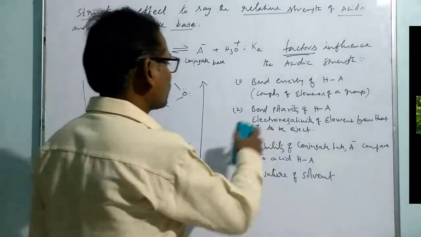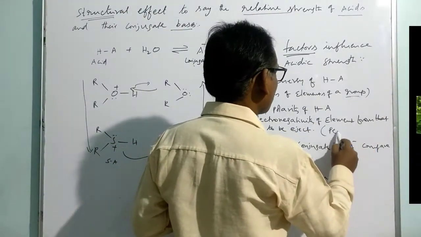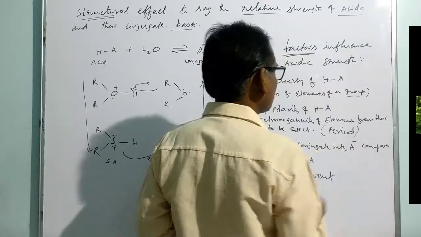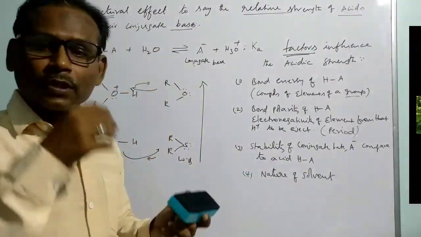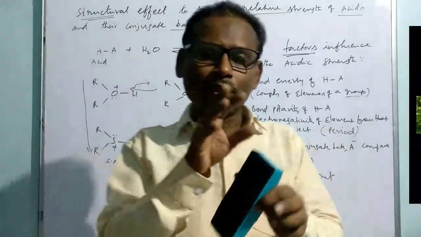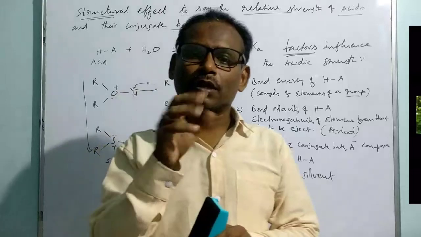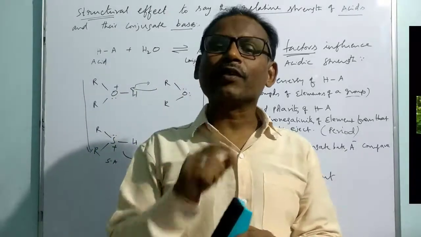So that factor is normally considered for the compounds of a period, the compounds which result from the elements of a particular period, where the sizes of the elements do not differ that much. Then the electronegativity is helpful to consider the polarity of the bond.